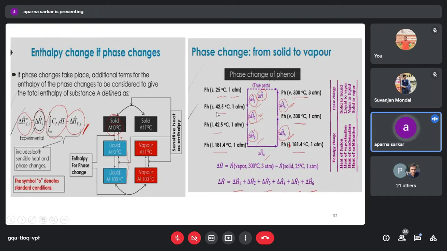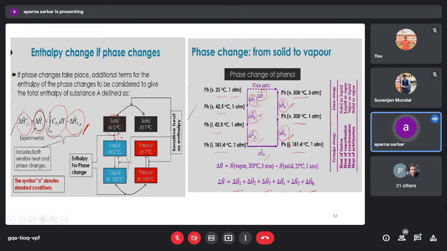After the increment we have another enthalpy change, del H2, then del H3, and there it is written S, so in both conditions we have the solid phase. Then when the temperature is 42.5 degrees, the solid suddenly changes into liquid, therefore L is written. Increasing the temperature up to 181.4 degrees centigrade, at this temperature we have liquid phenol.